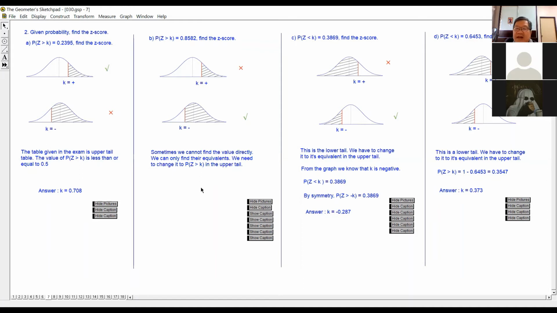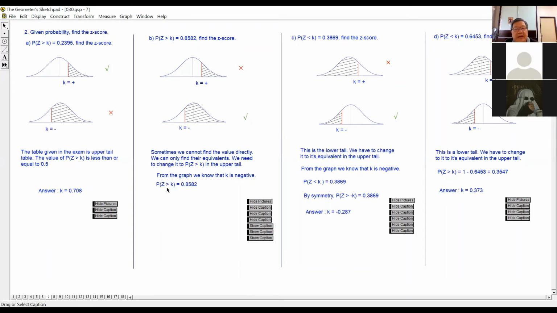We can only find the equivalent. We need to change the P greater than k to the upper tail. From the graph, we know that k is a negative number because k is on the left-hand side of the middle line. So we know the value of k is negative.